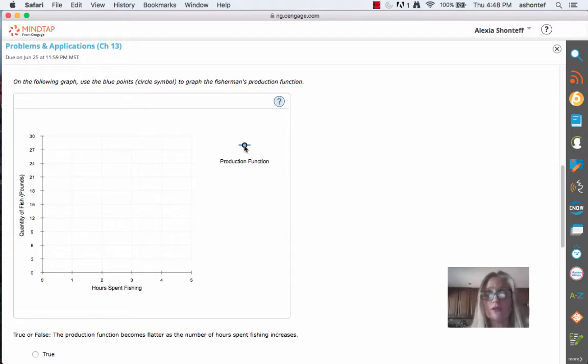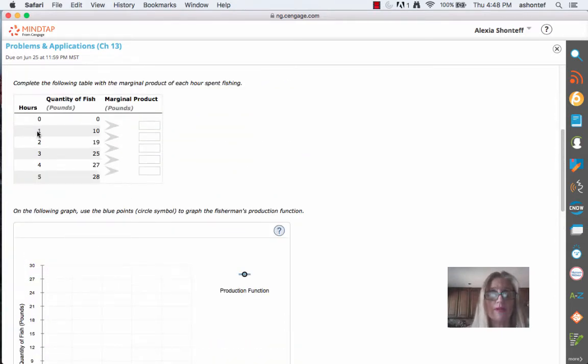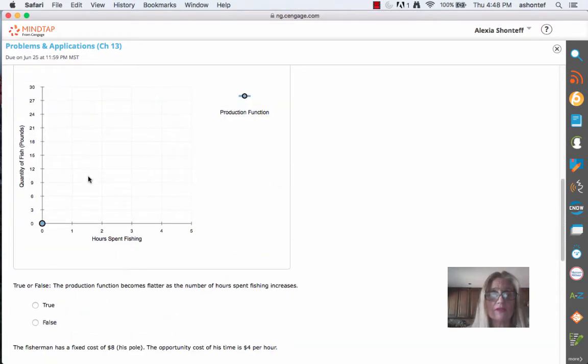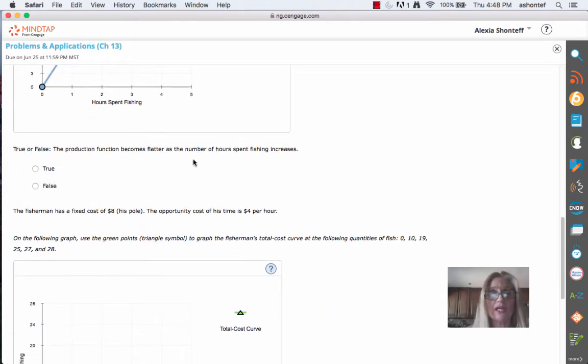So you'll again use your mouse, right click, and then for example 0 hours we get 0 units of output. And let's just do another one. If we have workers working 1 hour, we would get 10 units of fish. So for 1 hour we would then put this, it will show you when you're at 10, and then you'll just keep going, and then you'll answer these questions here.